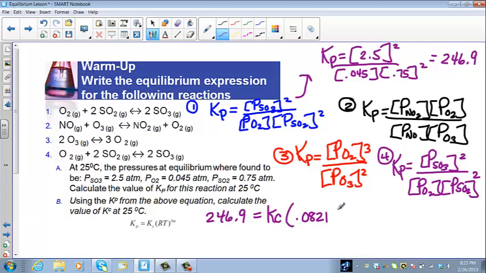We said 25 degrees Celsius. We need that in Kelvin, which is going to be 298. And that's raised to, let's look at our gas, we have 2 minus 3, which is -1. So then we solve for Kc.